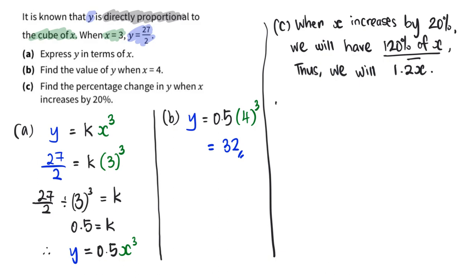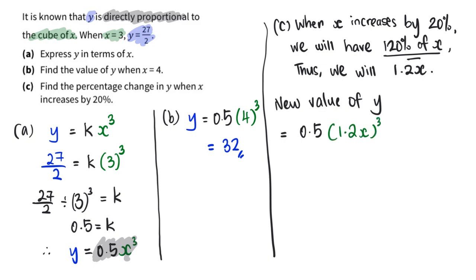And the new value of y then equals to, since y is equals to 0.5 times x cubed, it's 0.5 times my x, and my x now is 1.2x cubed. Okay, and this will be equals to, I still have my 0.5, and this will be 1.728 x power 3.